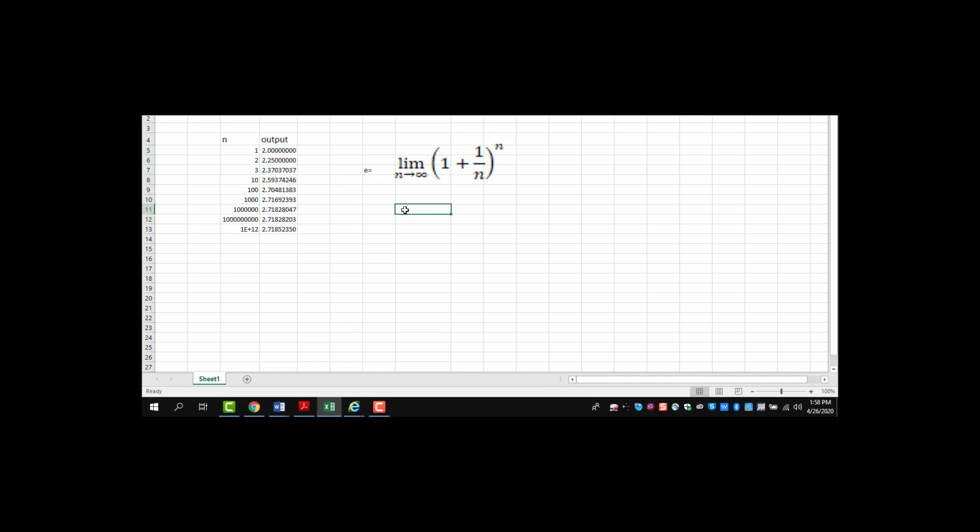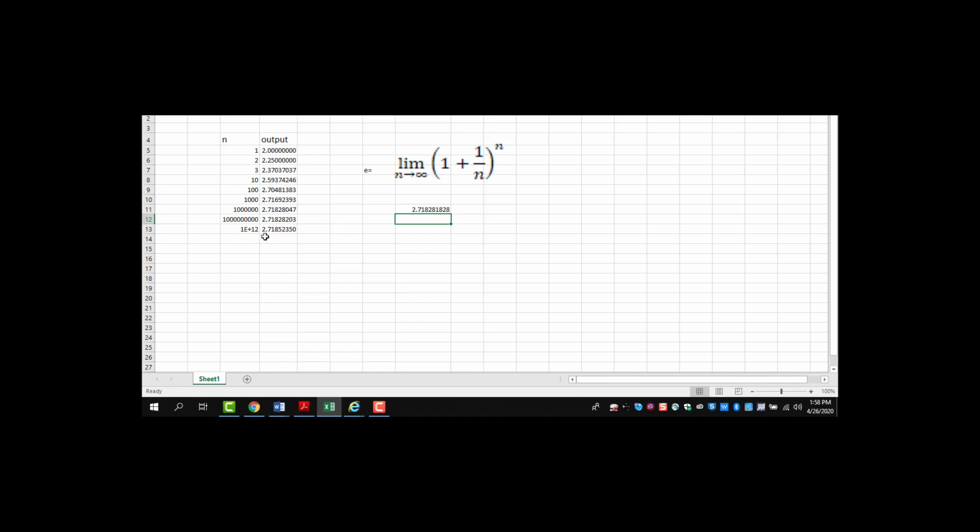Now, Excel has built-in e, and you get it by saying equals exp, and I'm going to raise it to the first power. A number raised to the first power is itself, so that's e to the first power, and that's what Excel gives me. So see, at a trillion, I'm getting reasonably accurate. If I go to 100 trillion or quadrillion, it'll get even more accurate.